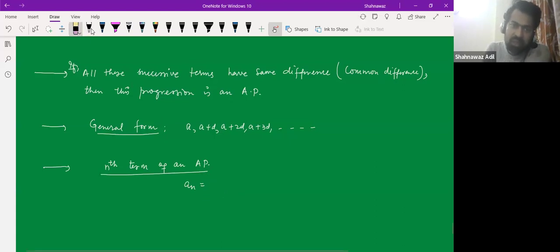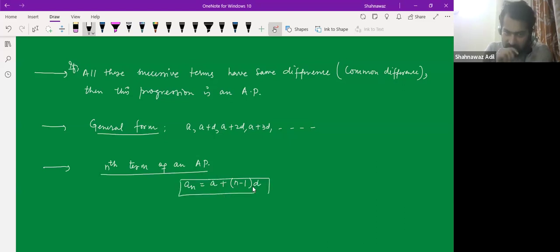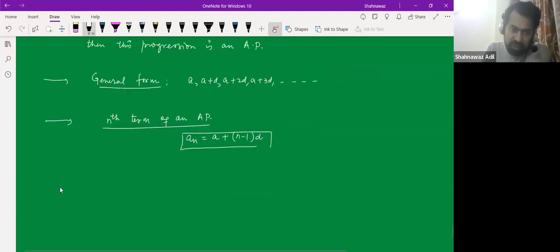This is a plus n minus 1 into d. And then we have the sum to n terms, represented by Sn.